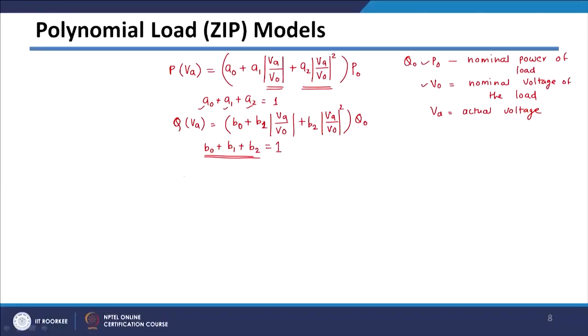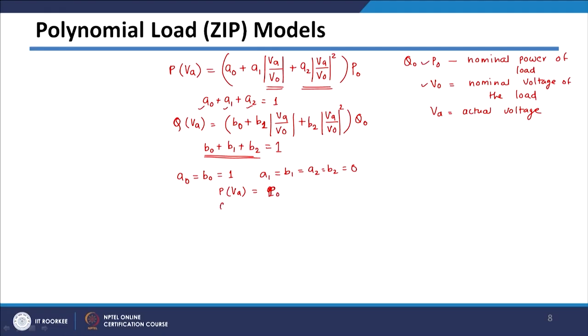Now, if you observe, when A0 equals B0 equal to 1 and all other quantities are 0, that is A1 equals B1 equals A2 equals B2 equals 0, in that case P of VA is equal to A0, which is 1, multiplied by P0, which is just P0 here.